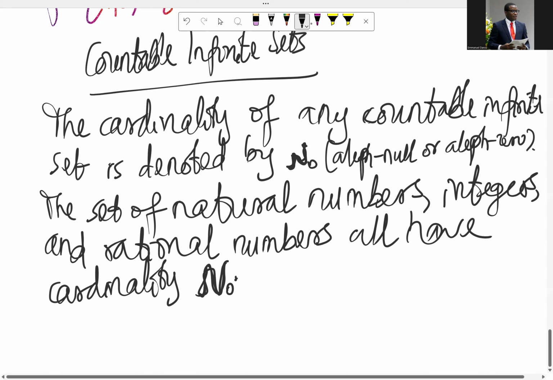So all countable infinite sets have this cardinality, aleph null.